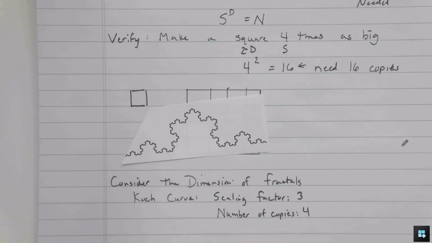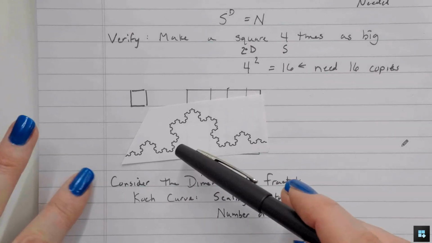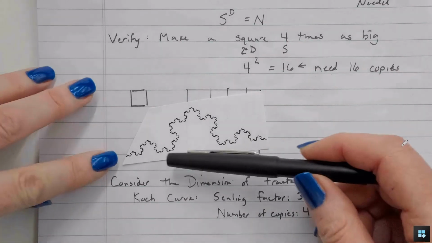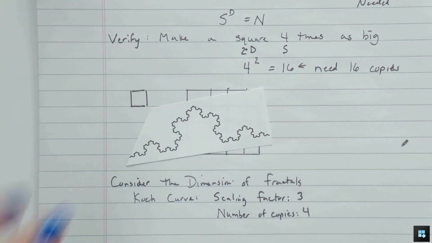Because just like you constructed it on those 4 separate line segments originally, there's 4 copies of the Koch curve within itself that are quite large copies. There's lots of copies of the Koch curve within itself, but if you look at the biggest copies, then there's 4. Okay, so let's find the dimension then.